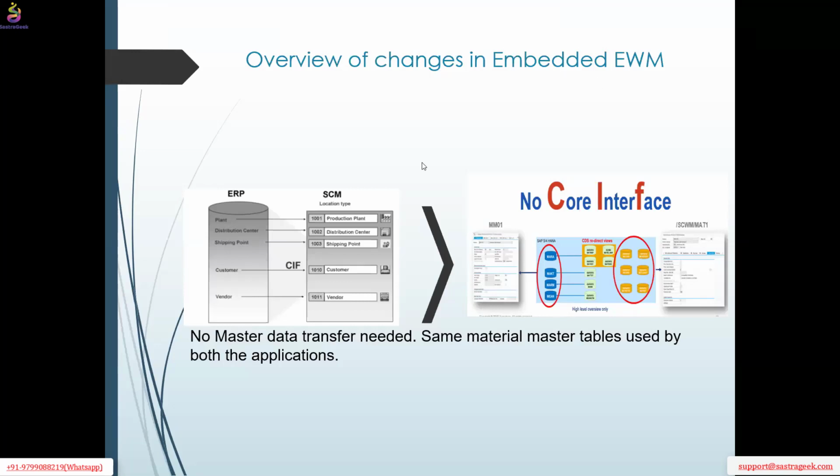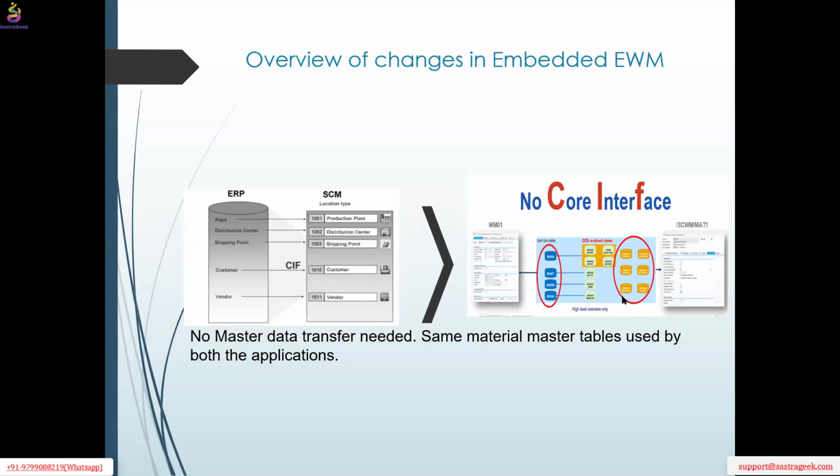Okay, now when I'm talking about these two different landscapes, yes, there are differences indeed. What is that? In the decentralized landscape, we will transfer the master data using a methodology called the core interface. But ideally, in an S4 embedded landscape, we do not need any kind of interfaces, because that directly gets updated in the EWM system.